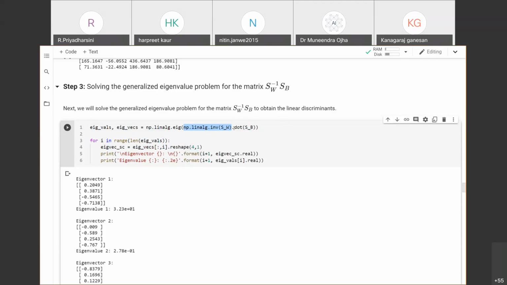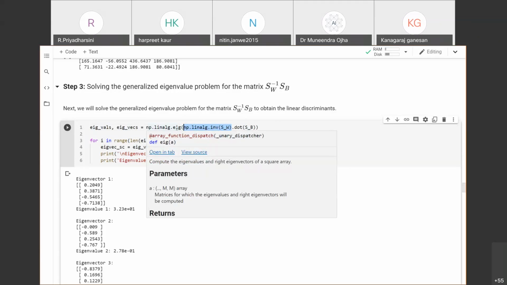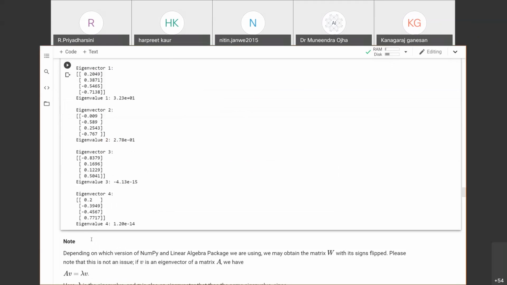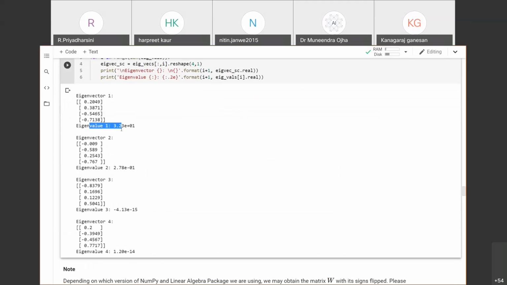Then we take a dot product of this matrix with the SB matrix. The resultant matrix is passed to the eig function to compute the eigenvalues and eigenvectors of the matrix. So we obtain eigenvalues and eigenvectors, and then we print them to get eigenvector 1, eigenvector 2, eigenvector 3, 4, and then the corresponding eigenvalues.